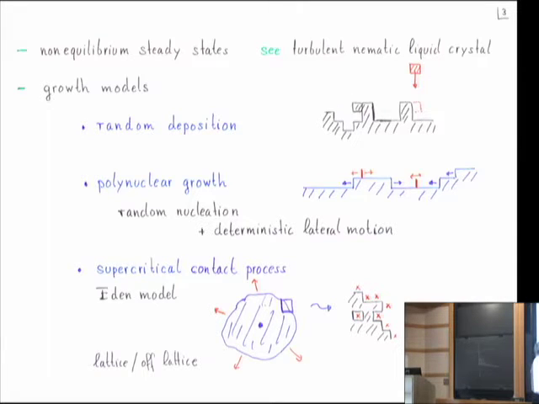You can do this with various rules, but in this Eden model, you do it in discrete time steps: you indicate all the possible boundary sites of the current cluster, and then you fill in the next one with equal probability. You just erase the X and put in the particle, but there will be many sites, and I just pick one at random.